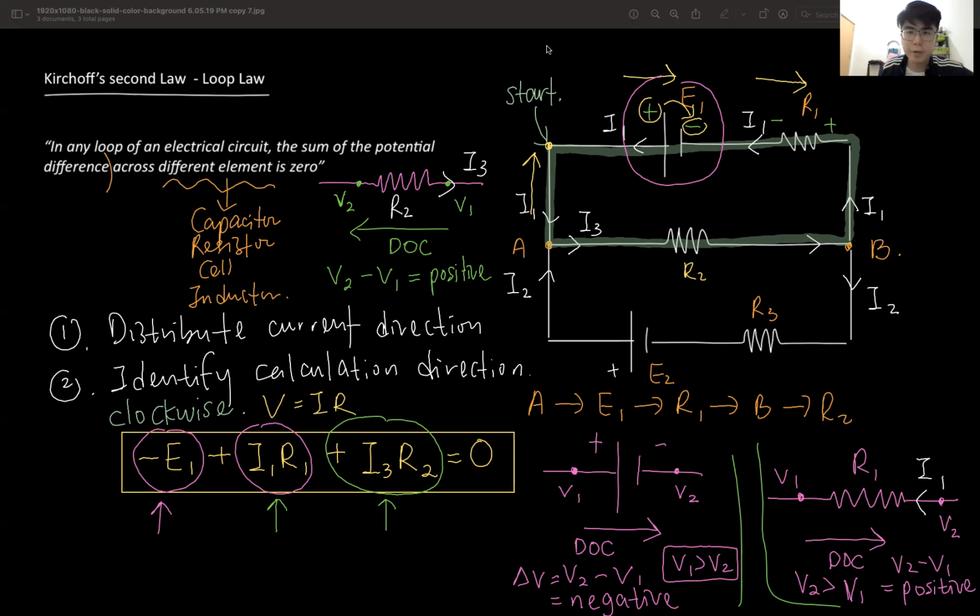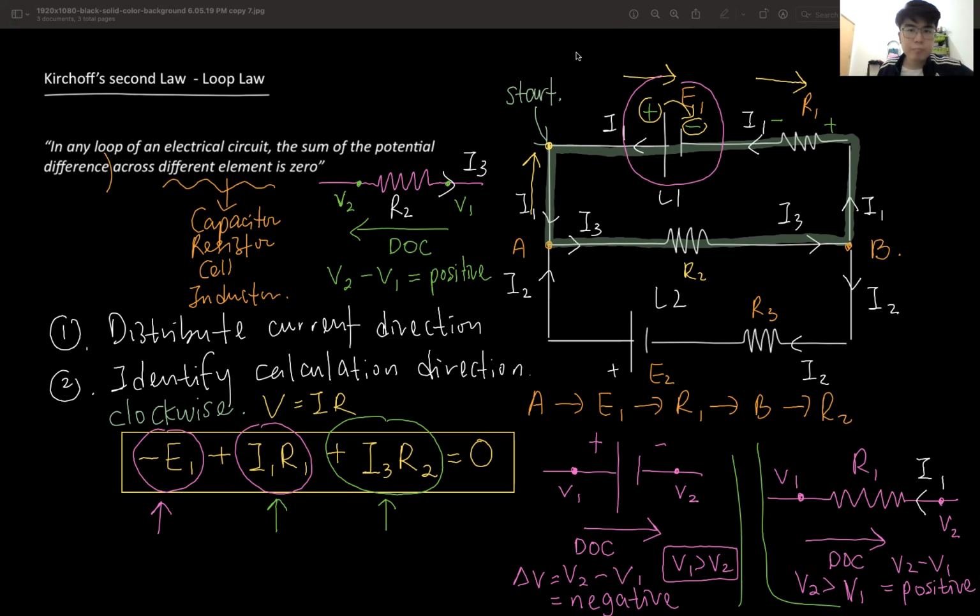Okay, so we have our current labeled I3, and this one I2 here. Once you label the current at the junction, then you label everywhere, especially across the component. Look at loop number 2 at the bottom. Let's say I want to write an expression of Kirchhoff's second law for loop number 2. Loop 2, this is loop 1.